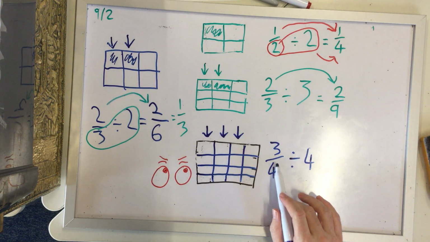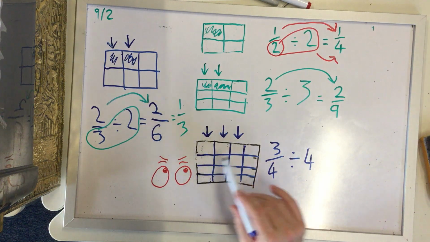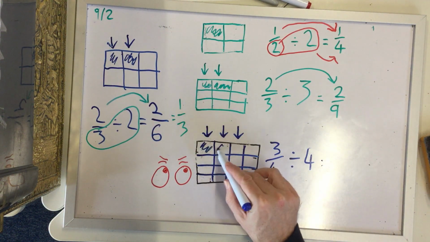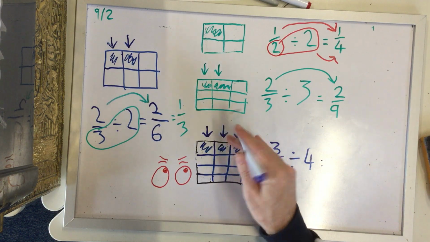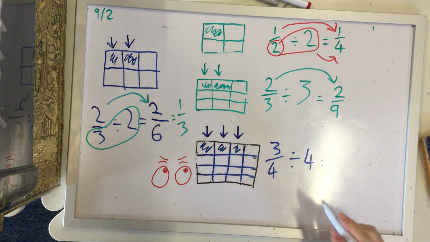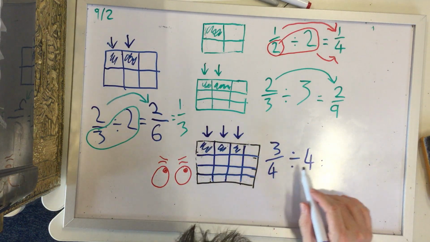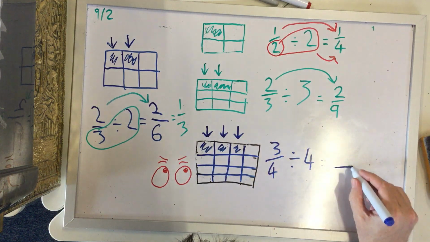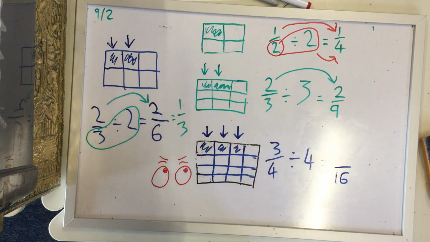So 3/4 divided by 4, we know that our numerator is going to stay the same. Okay, so there's the original 3/4, but now we split it into 4. And this is where our times tables need to be spot on. 4 times 4 will give us 16.